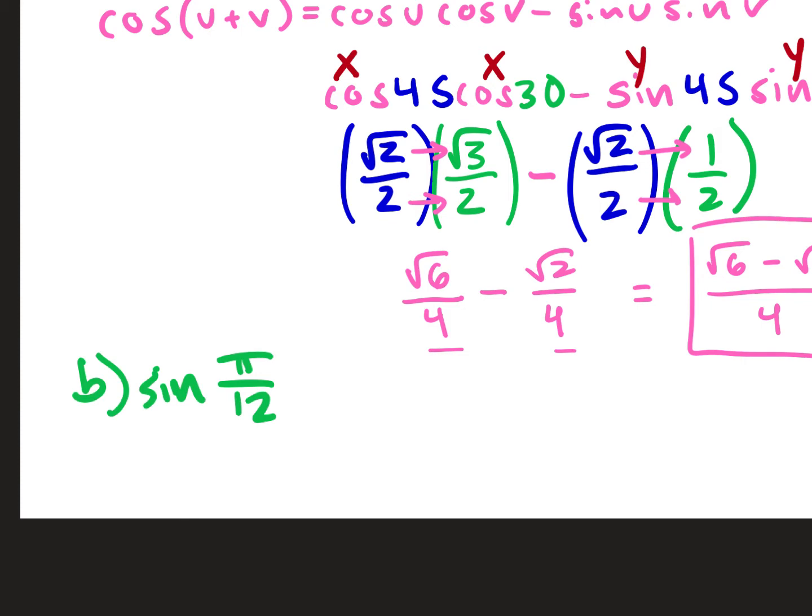But it's kind of hard to tell when you have radians. So the first thing we want to do is convert to degrees. How do I convert pi over 12 to degrees? So multiply by 180 over pi.